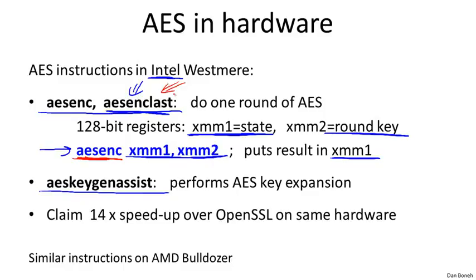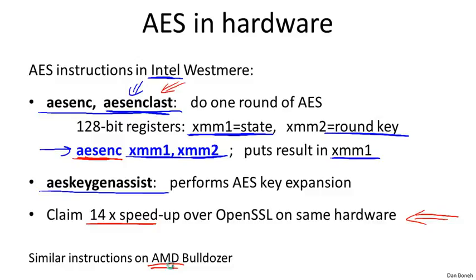And they claim that because these operations are now implemented in the processor, not using external instructions, they can get a 14x speed up over an implementation running on the same hardware but implementing AES without these special instructions. So this is quite a significant speed up, and in fact there are now lots of products that make use of these special instructions. And let's just say that this is not specific to Intel. If you're an AMD fan, AMD also implemented similar instructions in their Bulldozer architecture and in future architectures.